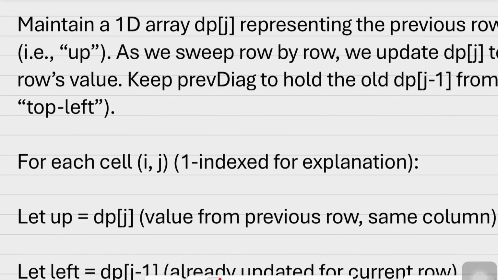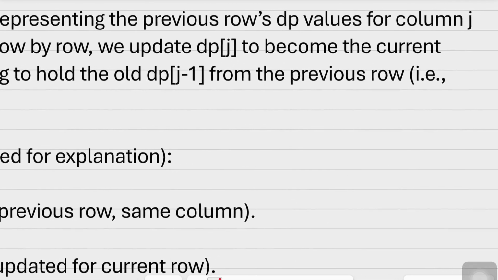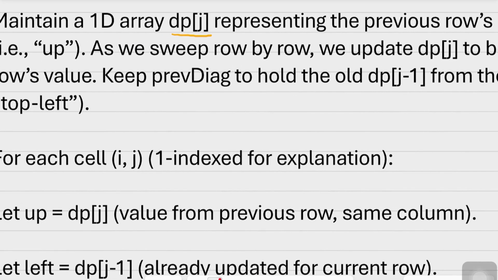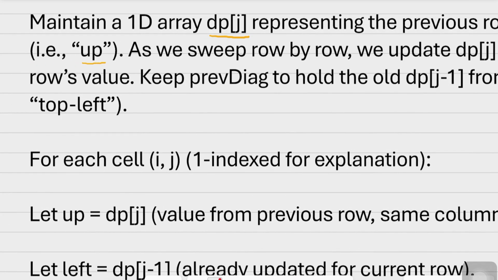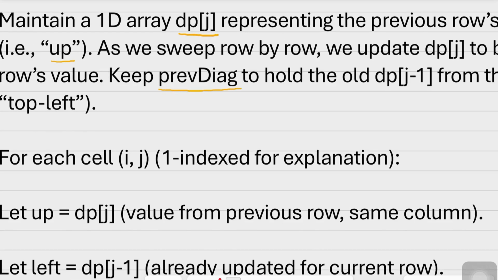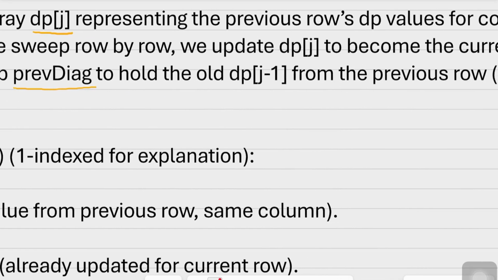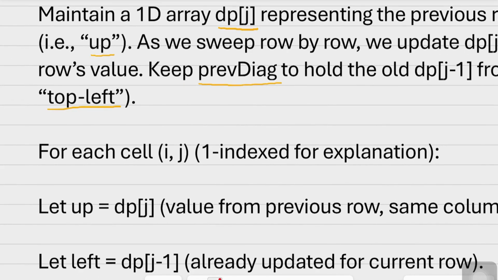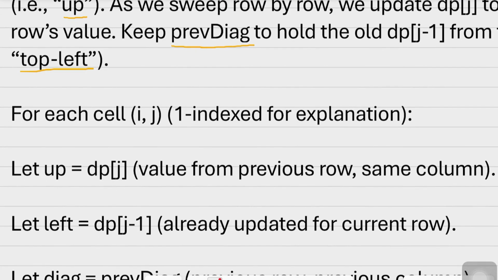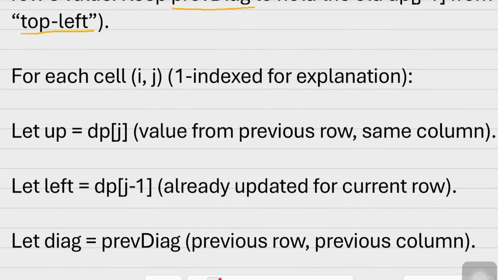The idea is to maintain a 1D array dp[j] representing the previous row's dp values for column j, i.e. up. As we sweep row by row, we update dp[j] to become the current row's value. Keep prev_diag to hold the old dp[j minus 1] from the previous row, i.e. top left. For each cell i, j, one-indexed for explanation, let up equal dp[j], the value from the previous row, same column.